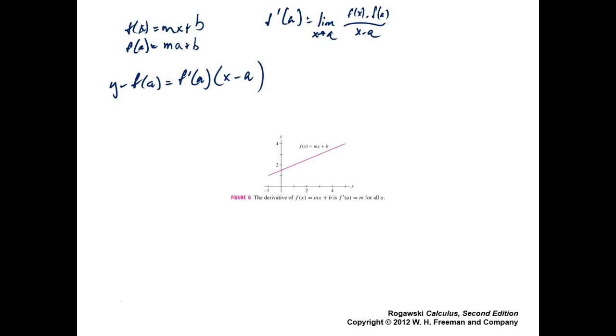Okay. We have just written down what both of those are, so this is the limit as x approaches a of, what was your f of x? mx plus b, minus, and what's your f of a? ma plus b, over x minus a, right?